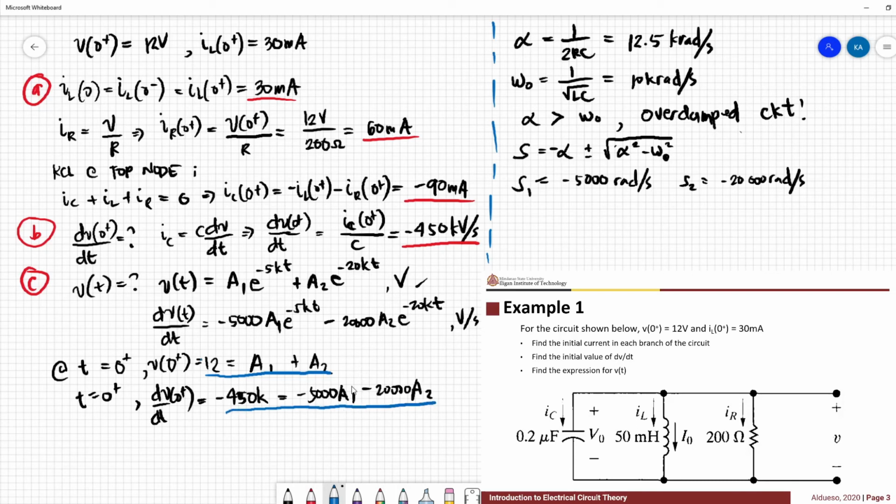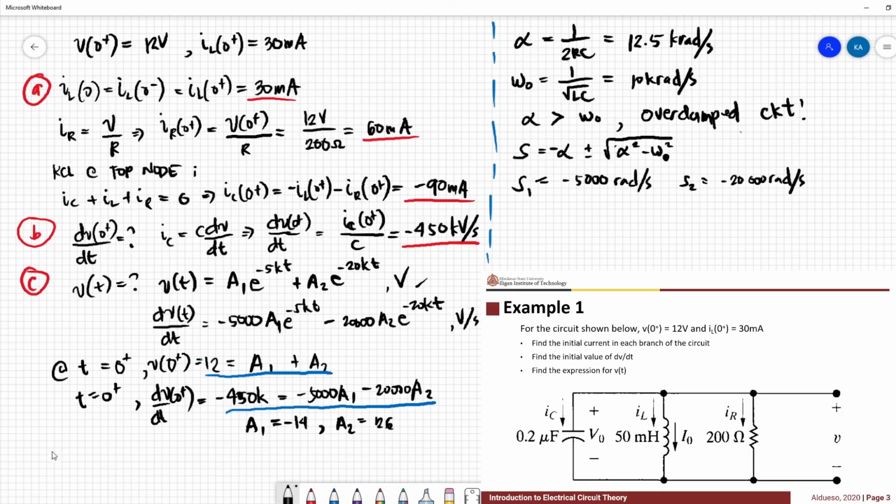So, two equations, two unknowns. We can now solve for the values of A1 and A2. A1 is the value of negative 14, A2 the value of 26.